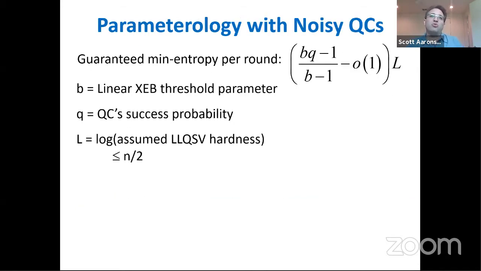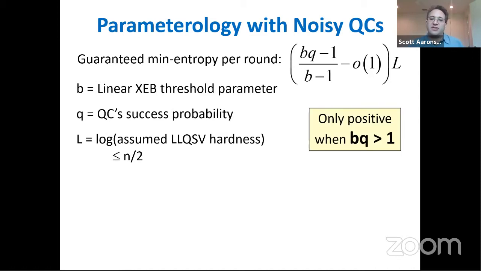So when you work out all the parameters to try to get the rate of randomness generation from this scheme, basically what you get is L, which is some hardness parameter, which would be at most n over 2, where n is the number of qubits in your quantum computer, and then times some quantity, which looks like b times q minus 1 divided by b minus 1, where b is that threshold parameter for the linear cross entropy test, and q is the observed success probability of the quantum computer at actually passing the linear cross entropy test.